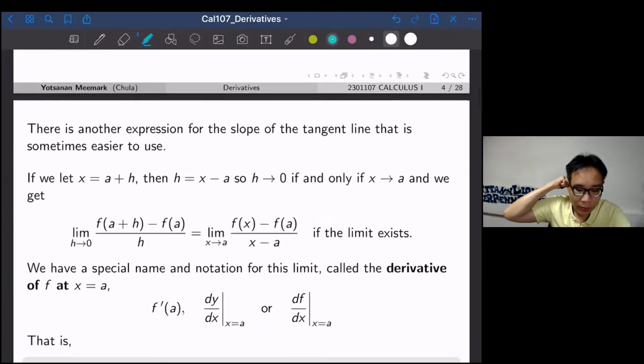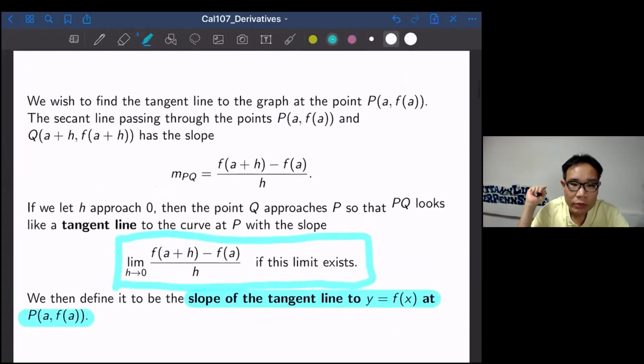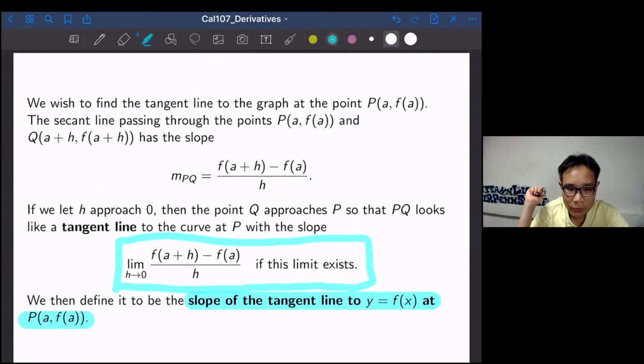Sometimes this limit is difficult to compute, because normally f(a+h) is not easy to find. So we're going to change the variable to ease the calculation of the limit.